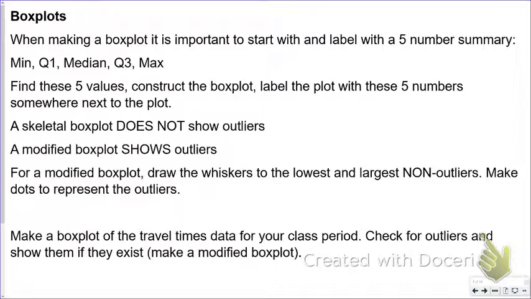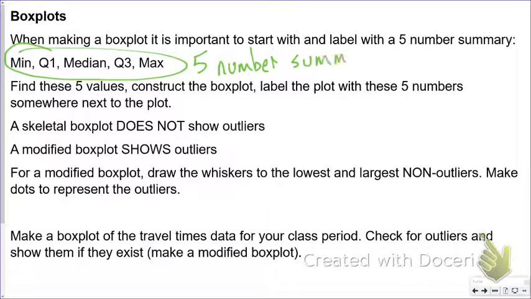That's what your calculator defaults to. And make sure you write the 5-number summary somewhere around your box plot. All right, so this is the 5-number summary. It's part of the labeling of your box plot. Important that it's there.